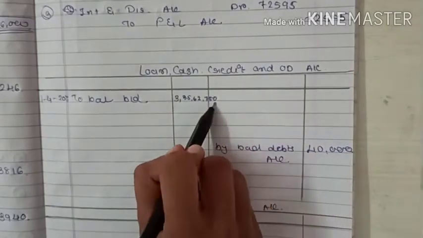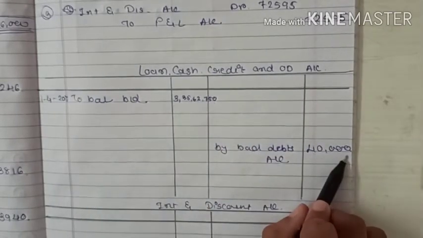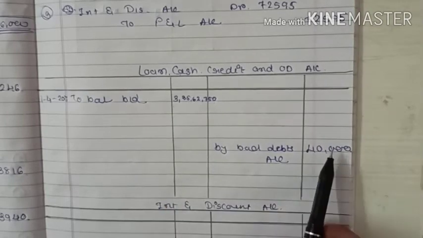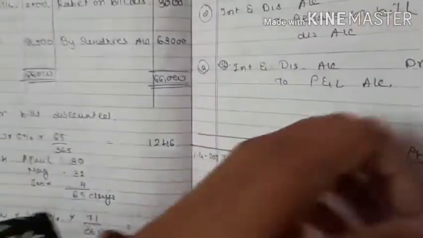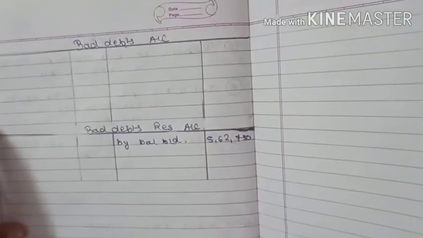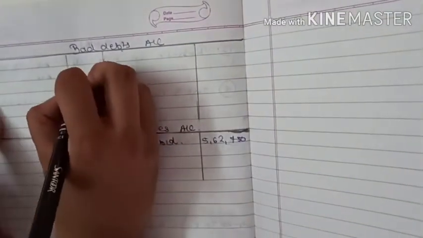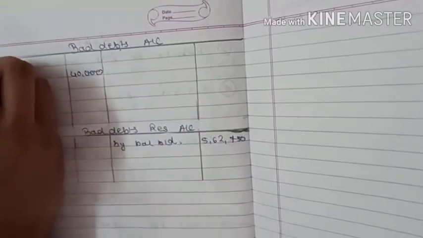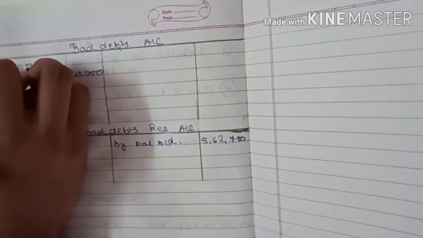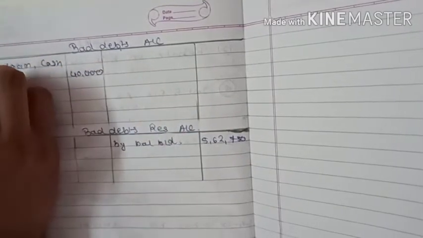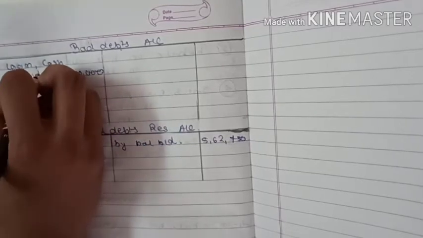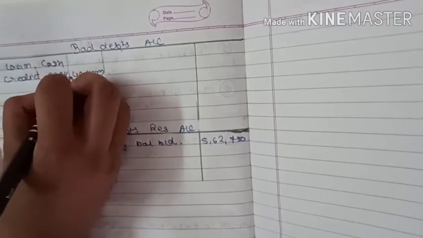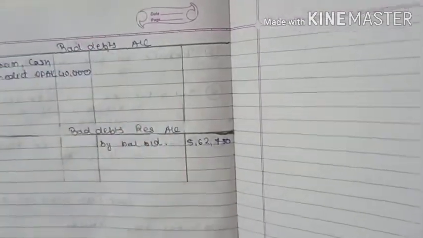Out of the total loan, 40,000 is not going to be recovered, right? So we have a credit side of 40,000 as bad debt. The second entry would be in the bad debts account, obviously, of rupees 40,000 to loan, cash credit and OD account, 40,000 rupees bad debts.